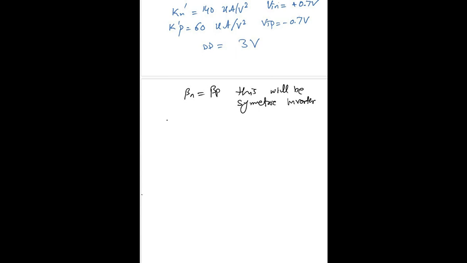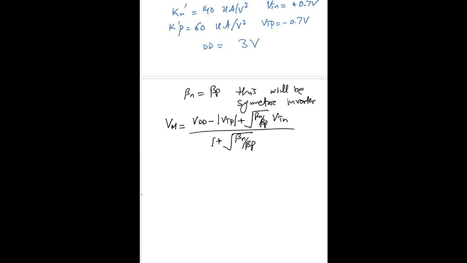We can verify this using the VM expression. This VM expression was VDD minus VTP plus the beta n and beta p ratio times VTN, divided by 1 plus square root of beta n by beta p.